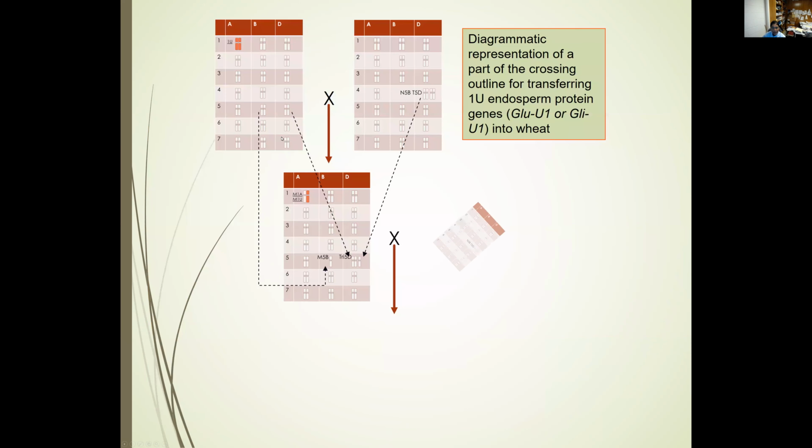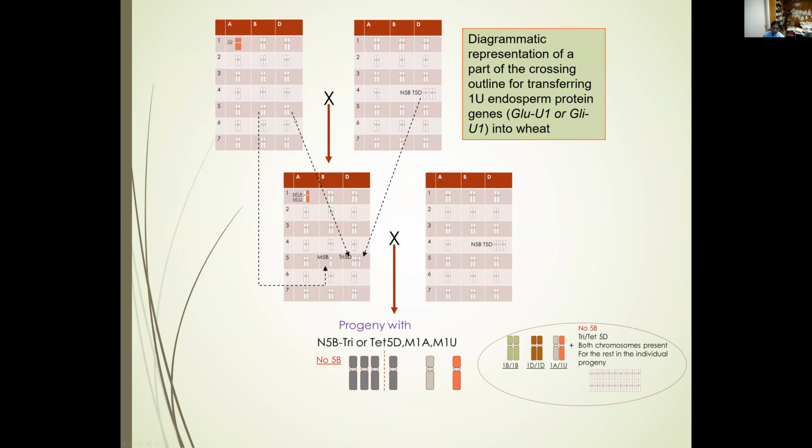Well, let me show you this one again. It's the same thing I'm using: 5B comes in mono, and 5D would be 2 or 3. Here there are 3 copies. Again, cross with nullisomic 5B, and then you end up with no 5B system.